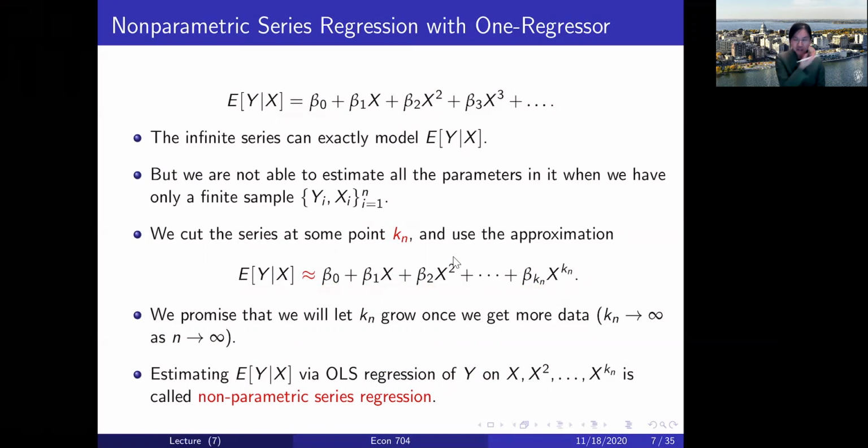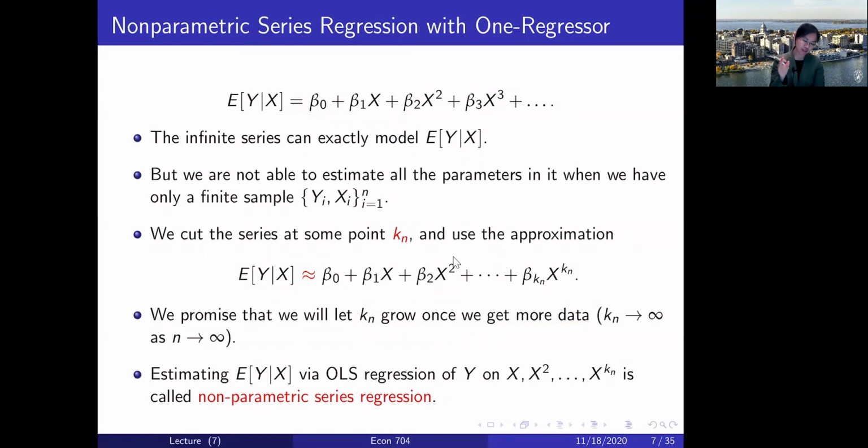And when we want to justify this, we promise that we will let kn grow once we get more data. And that's exactly how the asymptotic theory works in a non-parametric regression. So using this to estimate the conditional mean, promising kn to grow as we get more data, is the logic of non-parametric regression.